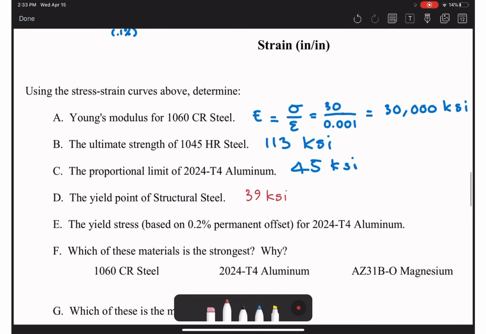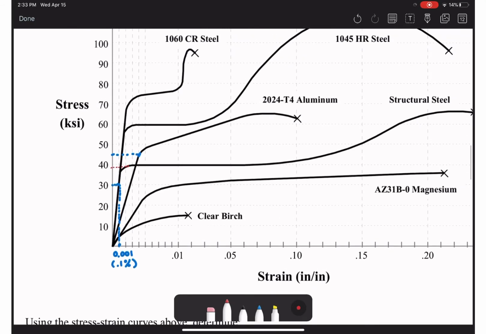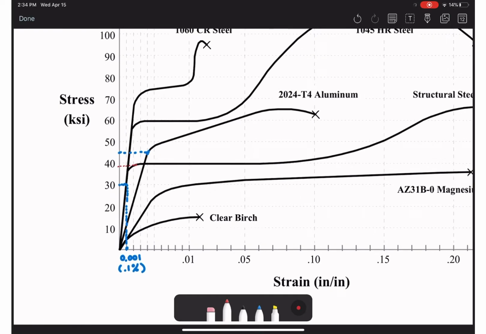Similarly, they also ask for the yield stress in E, but in this case for aluminum, using a 0.2% permanent offset. Why do we use 0.2%? Because the yielding portion, the horizontal portion of the curve for aluminum, cannot be seen in that curve, so we cannot use that.